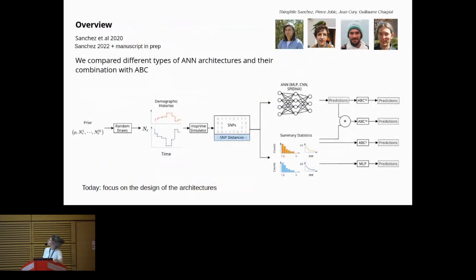But now I will talk about what we've been doing in my lab, which is comparing previous neural networks and a few that we designed. So comparing them together and also comparing them to the state-of-the-art ABC approach using summary statistics, which is already very good at inferring population size, and also seeing how we could combine all of that.